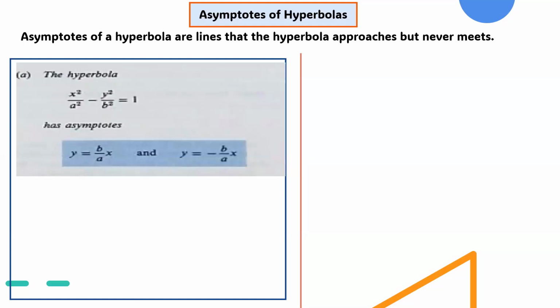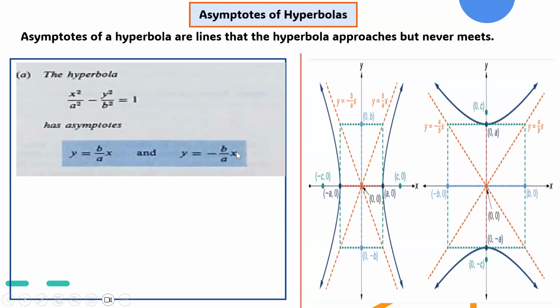Now, the asymptotes of a hyperbola are lines that the hyperbola approaches but never reaches. Now, there are 2 instances for the asymptotes. When the minus sign is in front of the y squared value, then the asymptotes will be y equal to b over a x and y equal to minus b over a x.